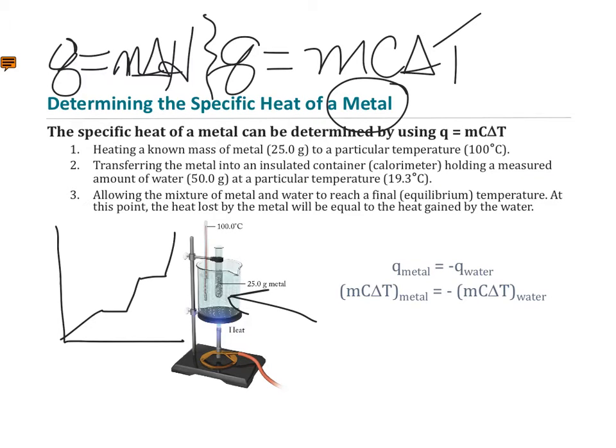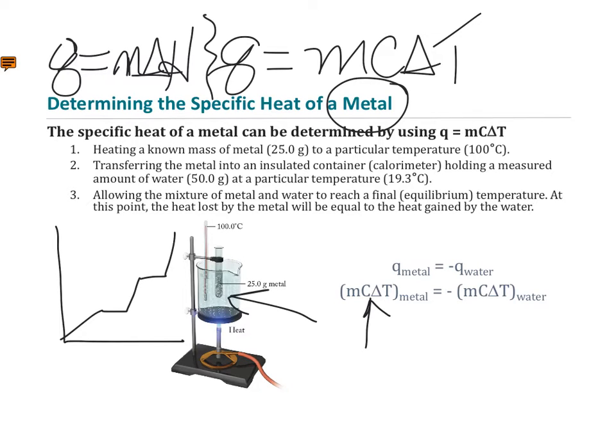And of course, the metal is going to release its heat to its surroundings, which is the water, and heat's going to continue to flow from the hot metal to the cooler water until they are both at the same final temperature. And so that type of setup, sometimes you're asked, if it's an unknown metal, to find the specific heat capacity of the metal. Other times you may be asked for something else like mass or whatever.